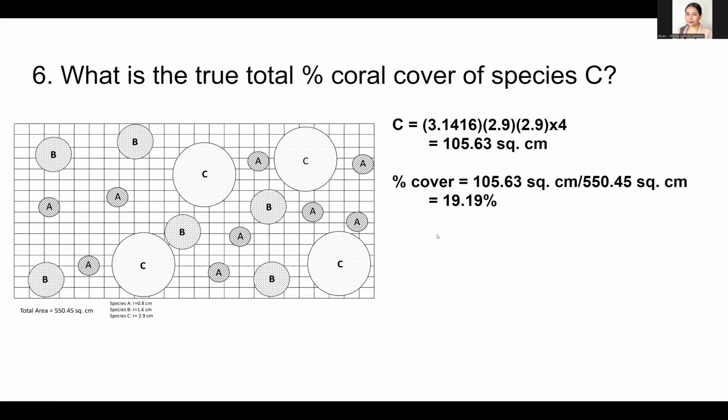So that's how you do your computations for items 4, 5, 6. Any questions regarding items 4, 5, and 6? Okay, could you give me a ta-da reaction if you don't have any questions about item 6?